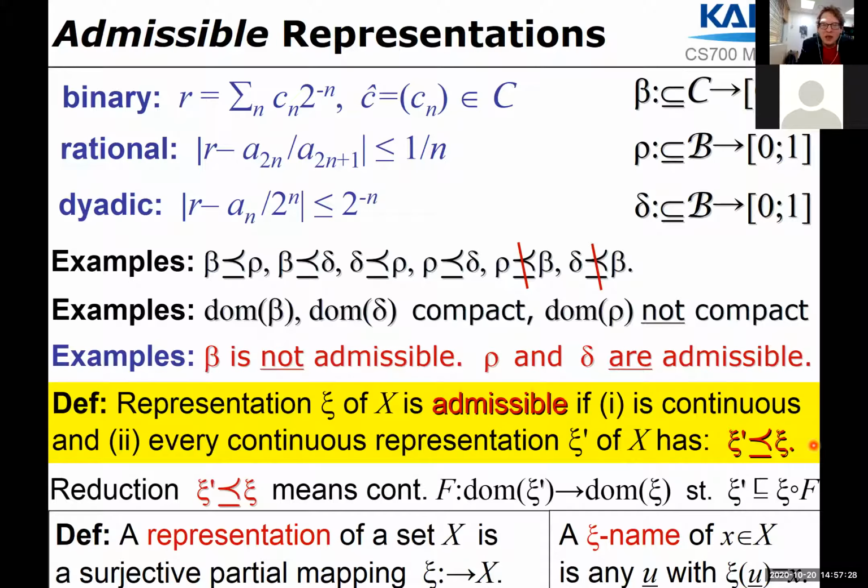Okay, so I've already announced that we're going to learn more about admissible representations, and the most important question that every scientist should ask after such a definition: do admissible representations always exist?